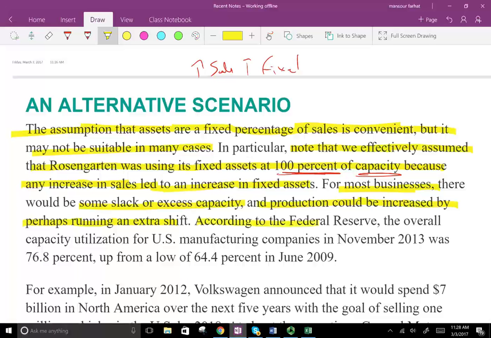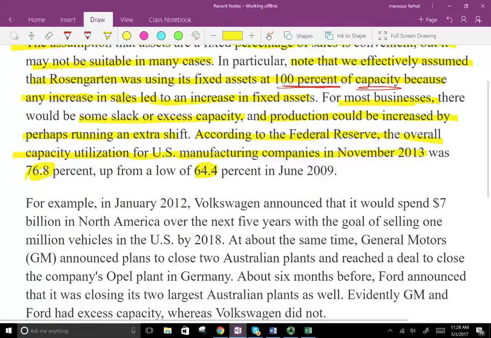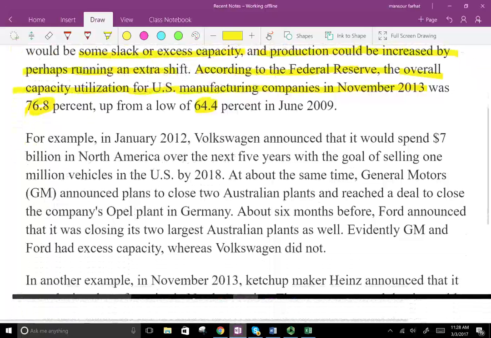According to the Federal Reserve, the overall capacity of U.S. manufacturing companies in November of 2013 was only 76.8%, up from a low in 2009, 64.4%. So notice, U.S. manufacturing companies are not using all their capacity. So if they increase their sales, it doesn't mean they need new equipment, new warehouses, or new vehicles, trucks, delivery equipment, because they're not using them at full capacity.